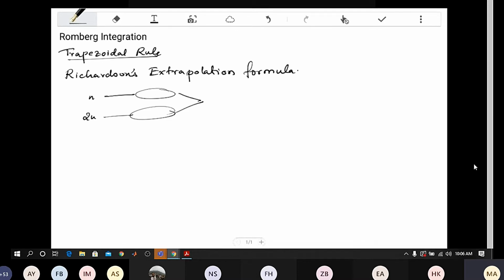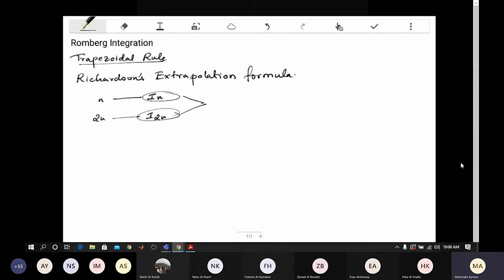So let's say the approximated value using the trapezoidal rule is I_n for n segments and I_2n for 2n segments. And then we can find a better value or the true value for this integral using I_n and I_2n, and that would be approximately equal to I_2n plus (I_2n minus I_n) divided by 3. So this was the Richardson extrapolation formula.